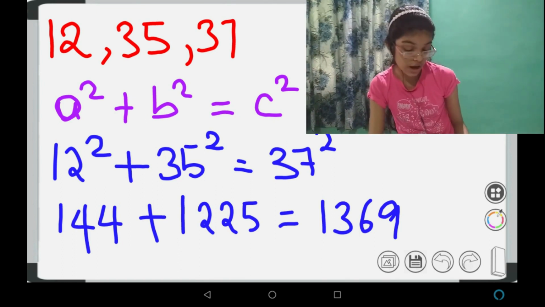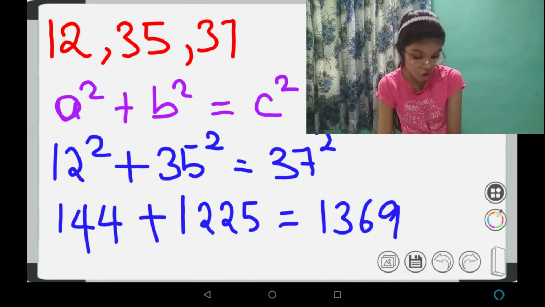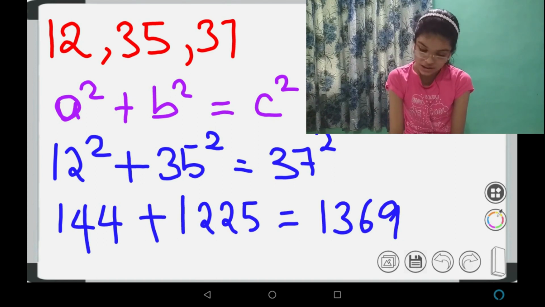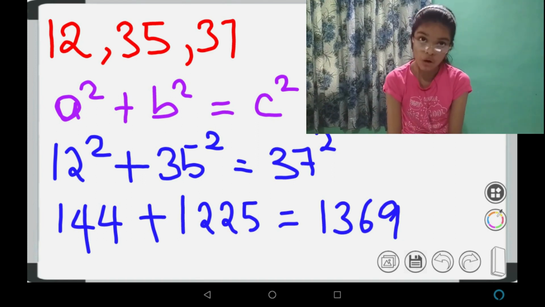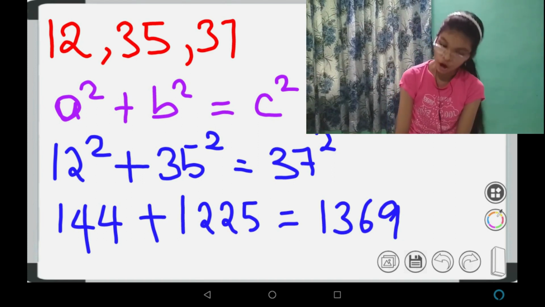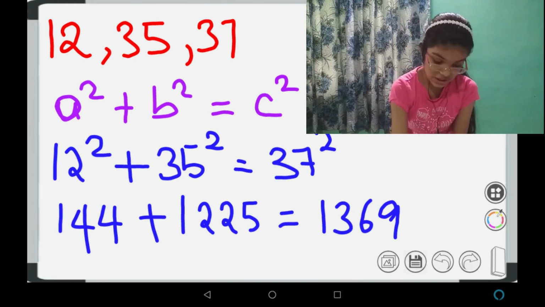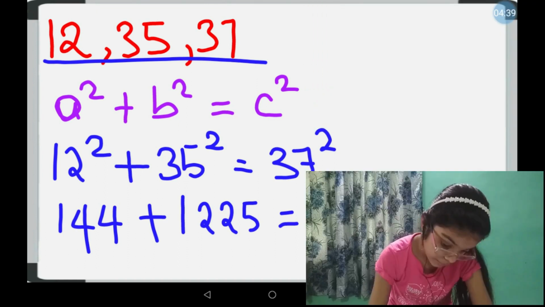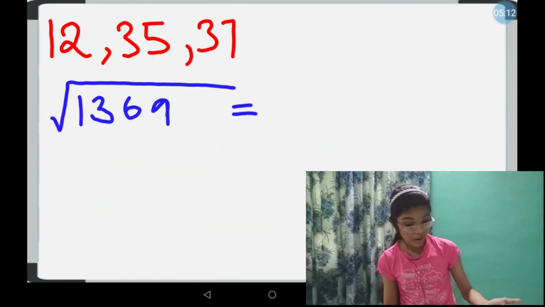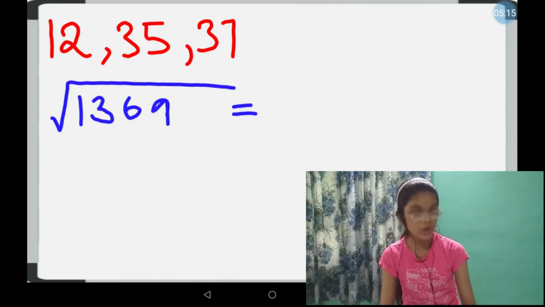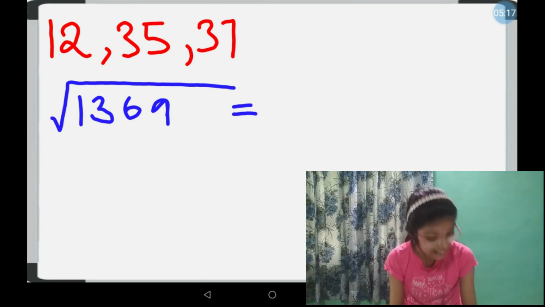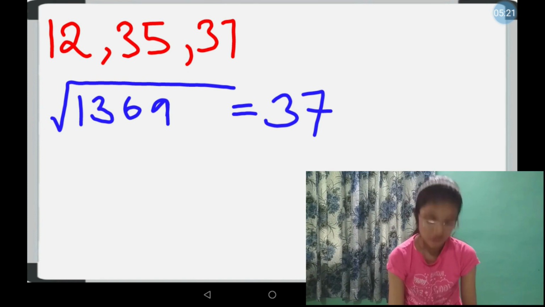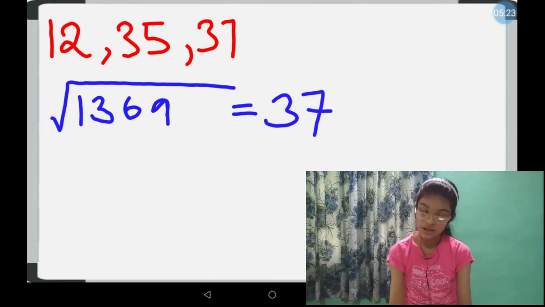Well, you're going to find the square root of 1369, and if you get 37 as your answer, then you are right. This triplet is true. So let's find the square root of that. It so happens that the square root of 1369 is 37. So our answer is right.